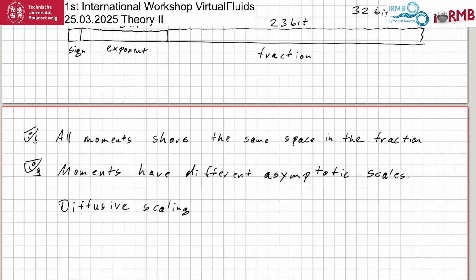When we analyze our code or the lattice-Boltzmann equation, we have to decide on a scaling between time steps and grid spacing, and the theory that goes from the Boltzmann equation to the incompressible Navier-Stokes equation only works for a specific type of scaling, the so-called diffusive scaling, where we assume that delta t is proportional to delta x squared, and this we put into one smallness parameter epsilon squared.